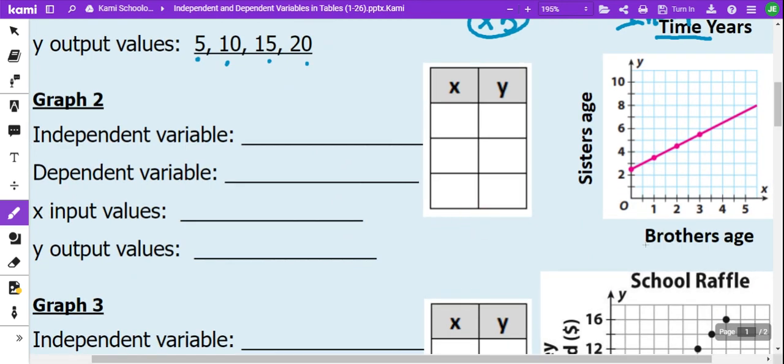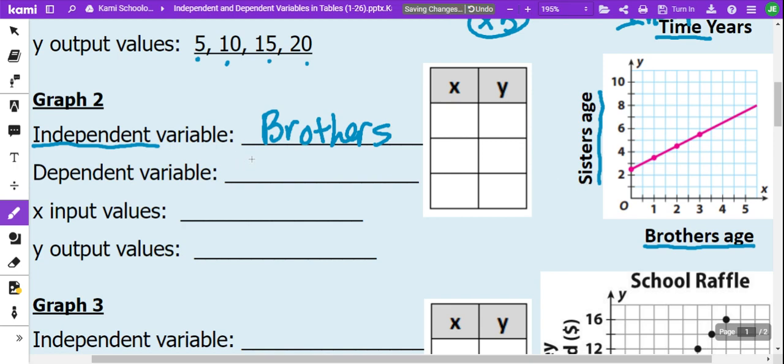Go to graph 2. You got the brother's age as your independent variable, and then the dependent variable is going to be the sister's age. Then looking at the first point here, coming down to x, when x is 0, we come over here and it looks like it's maybe 2.5, 2.5 years older.